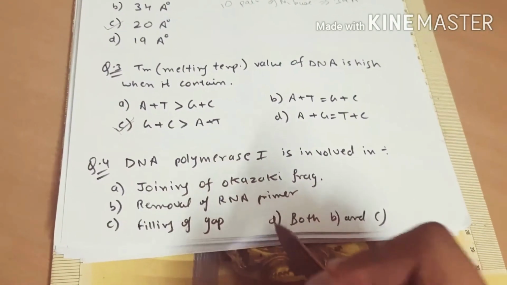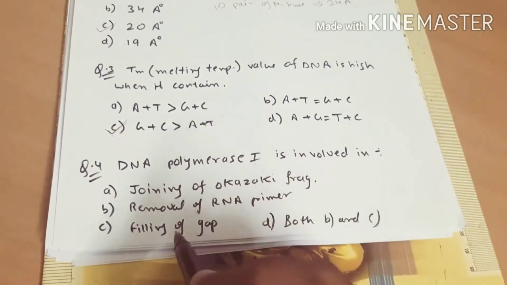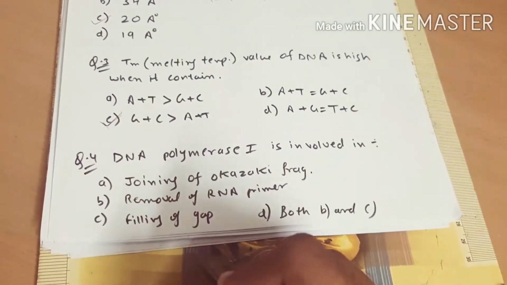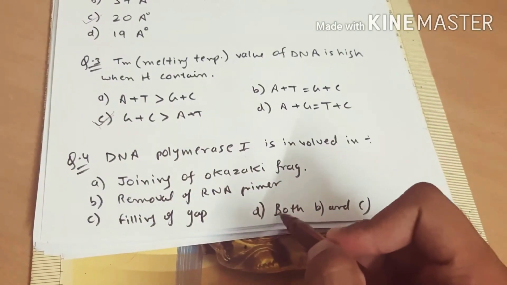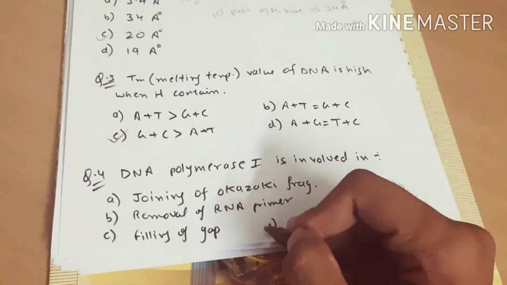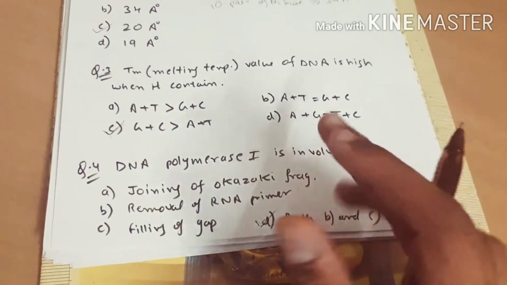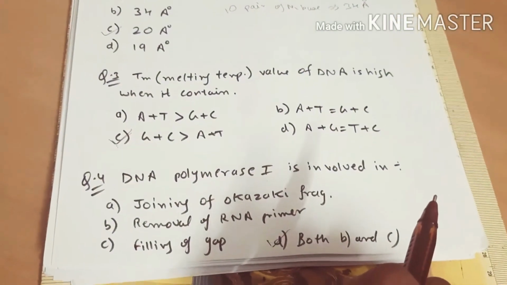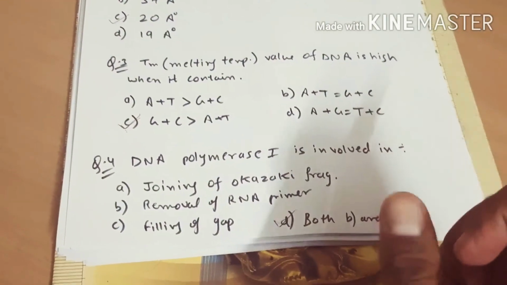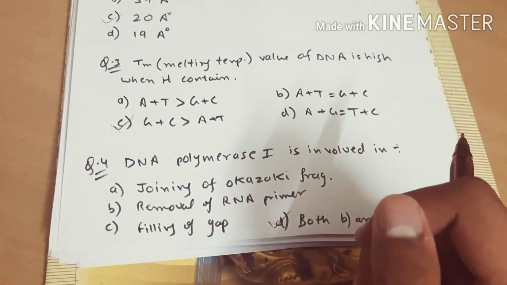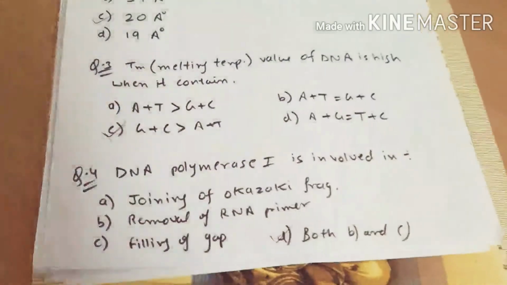Option B and C, which is removal of RNA primer or filling of gap, are the function of DNA polymerase 1. So option D, which is both B and C, is correct. You must learn about the DNA polymerase 1, 2 and 3 since they might become confusing during solving a question, and for NEET purpose this is important.